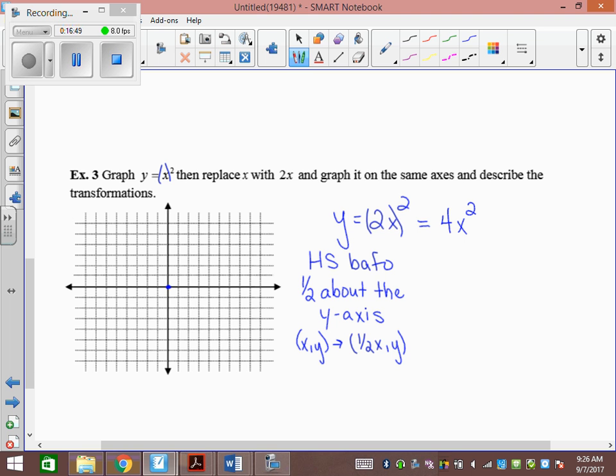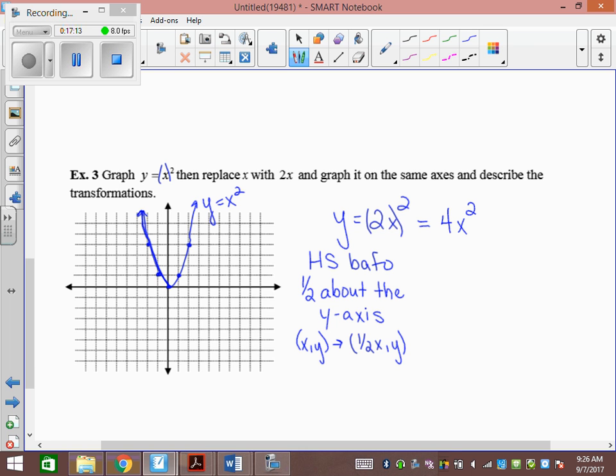So (0, 0), (1, 1), (-1, 1), (2, 4). That is a 3. (-2, 4). Bless you. Oh my goodness, it's getting worse. Okay, y equals x squared.